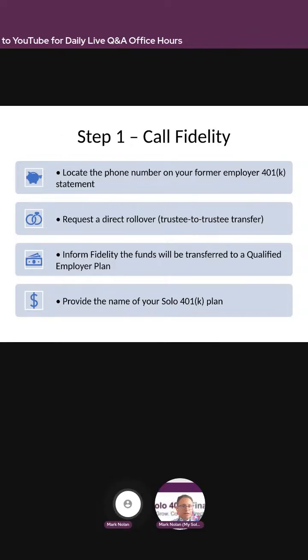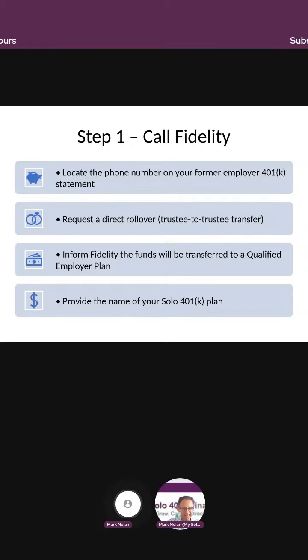Now, I often get the question, is there a way that this transfer can be done internally so that the funds never leave Fidelity and instead those funds get deposited directly from that former employer 401k plan to the non-prototype Fidelity brokerage accounts for a solo 401k offered by my solo 401k financial, where you're using Fidelity Investments to hold the funds?